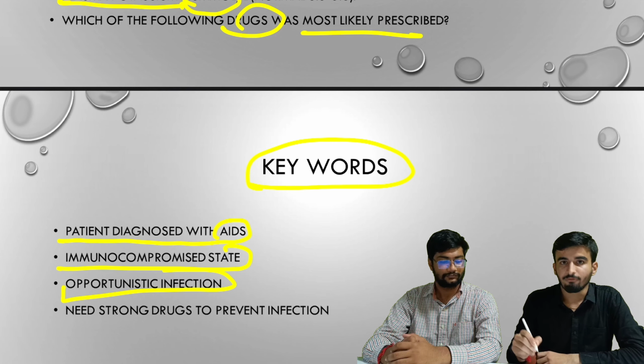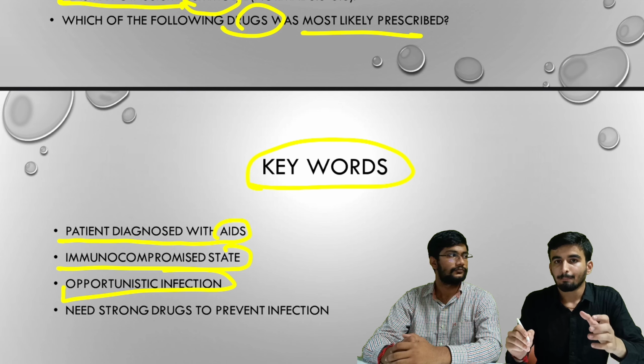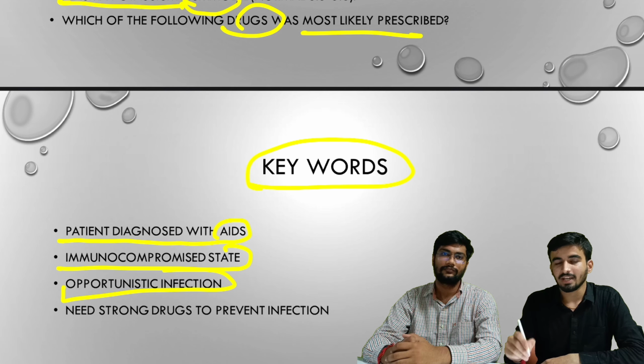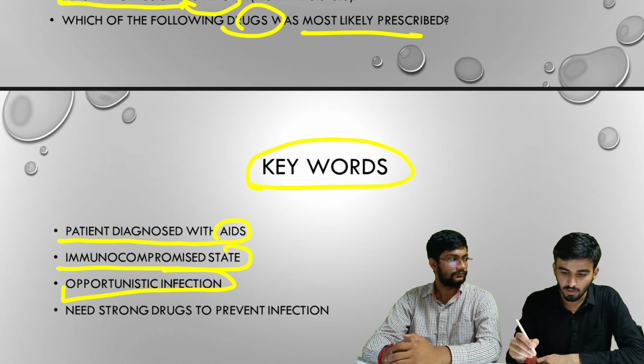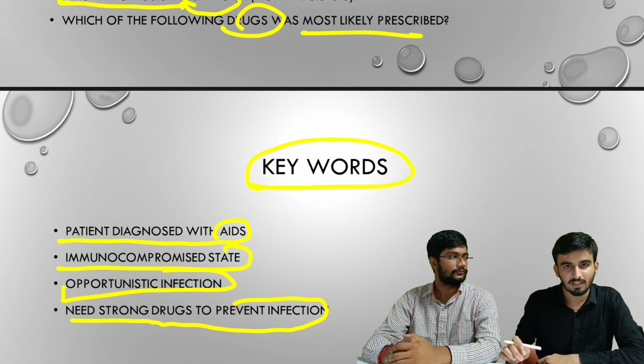So with Candida we need to cover with a strong drug that treats the disease accordingly. If we treat with a weak superficial drug, it will not affect this patient, and we will come to a resistance case. So you have to take strong drugs and treat accordingly to prevent this infection.